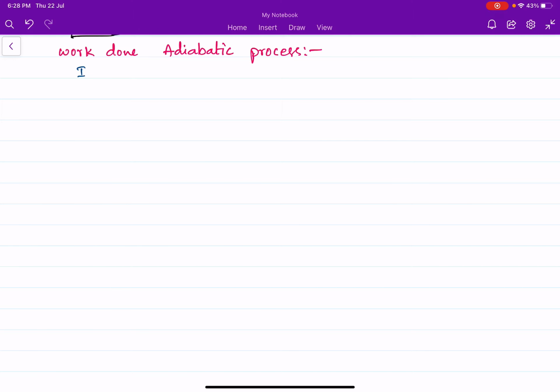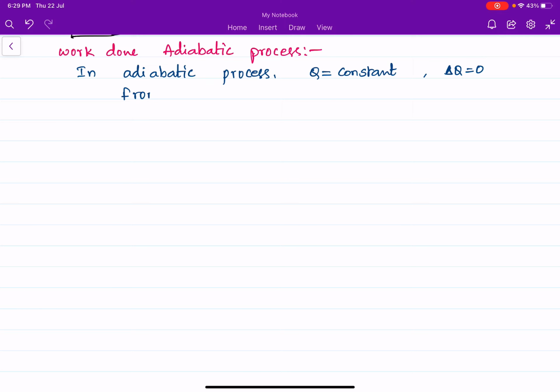We know that in an adiabatic process there is no exchange of heat energy between system and surroundings. So delta Q is equal to 0.